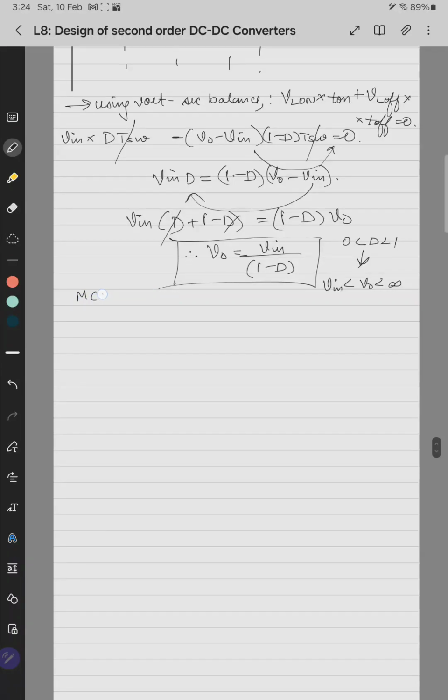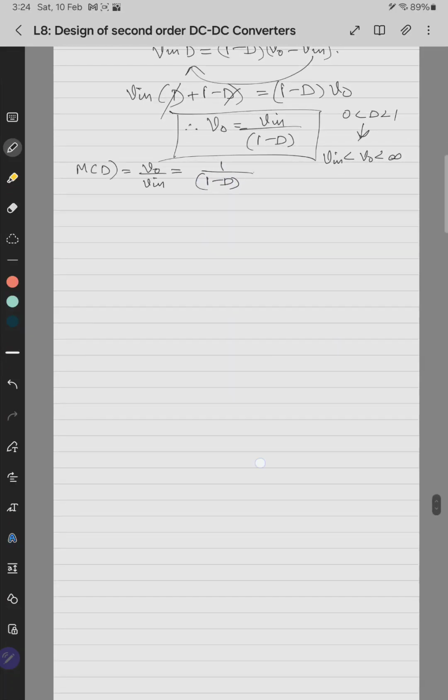So here M of D will be V naught by V in, which is the steady state DC transfer function. It will be 1 by 1 minus D. If you plot it, you will get it like this. This is D. This is M of D. It will start with 1. Why? Because V naught equals V in for the least D, when D is 0.